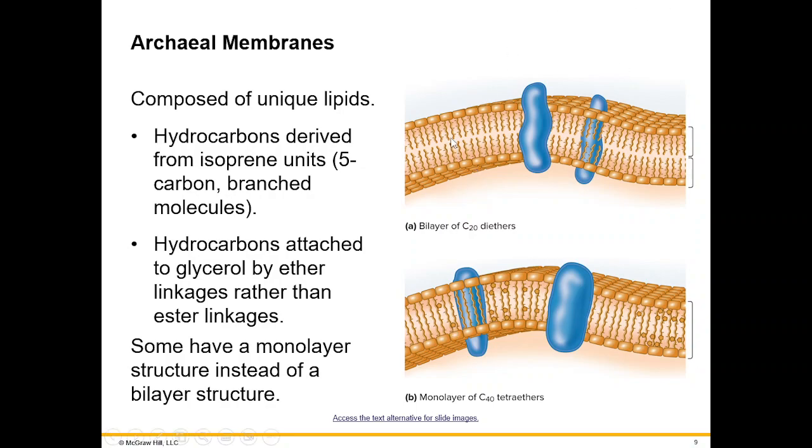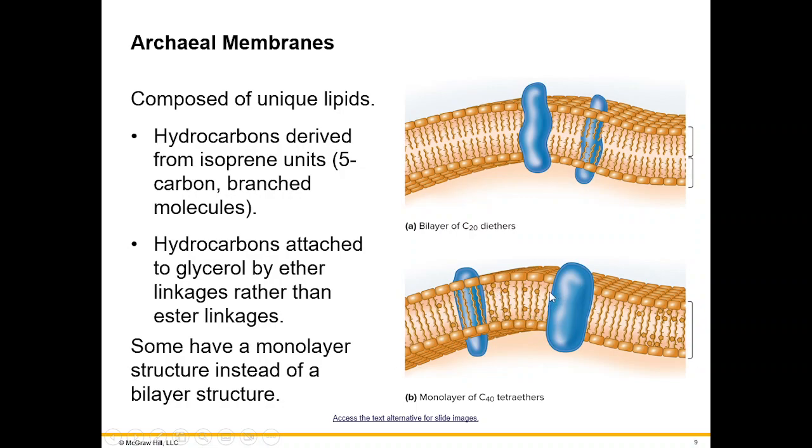Instead of a bilayer where the two layers are bound together by the relatively weak van der Waals forces, which when taken together become quite strong if there are thousands or millions of them, here the monolayer is covalently bonded to form this single layer.